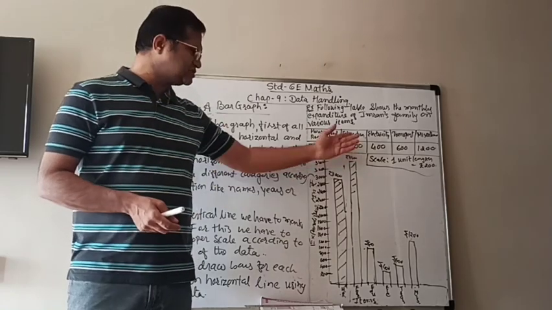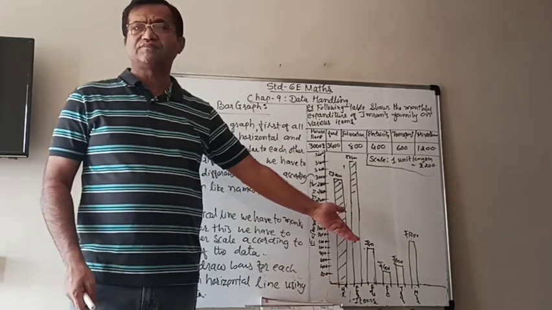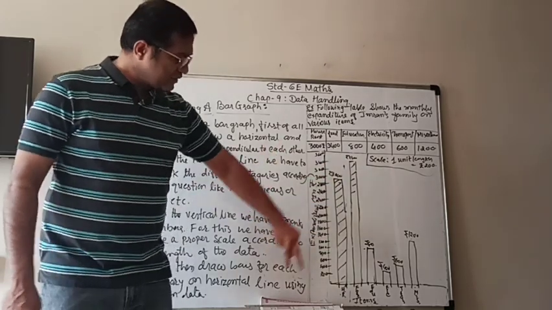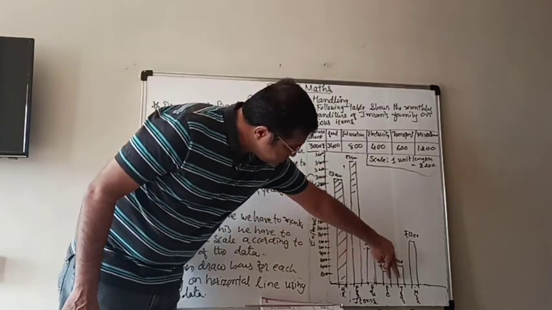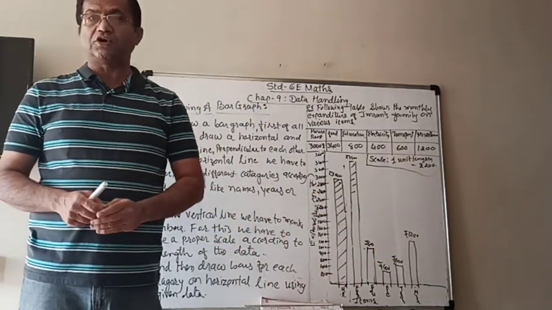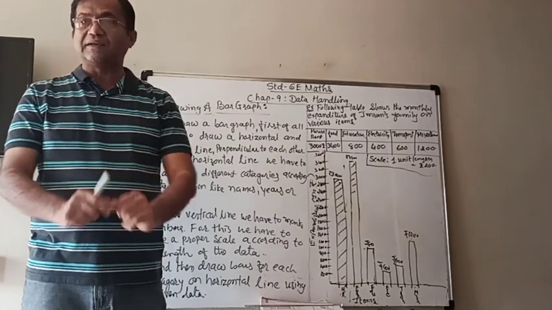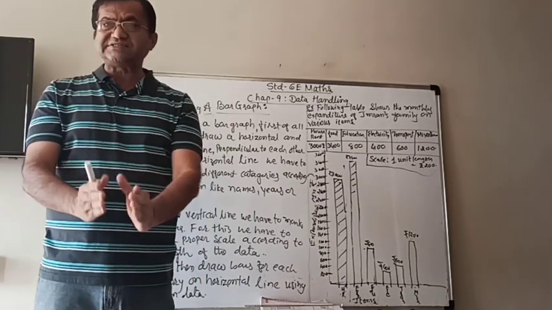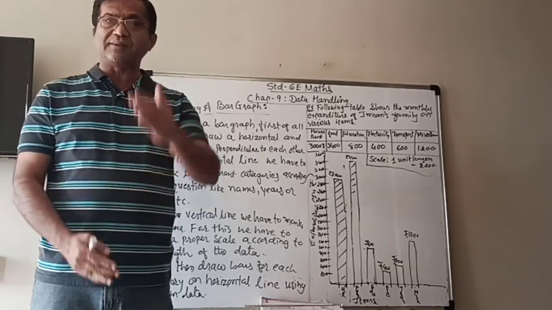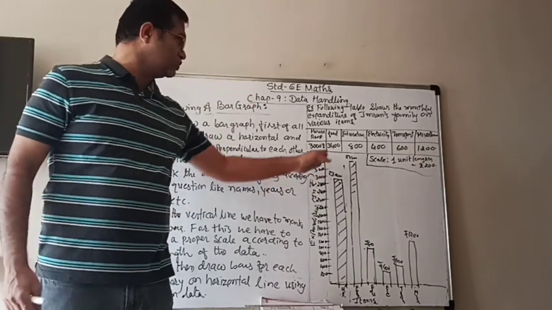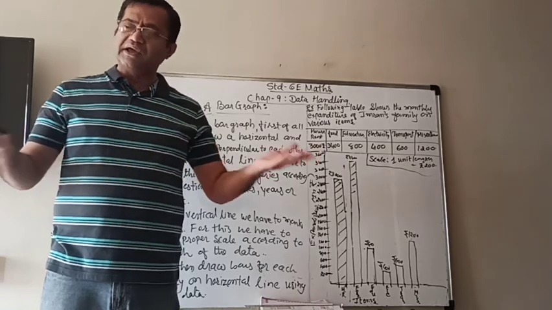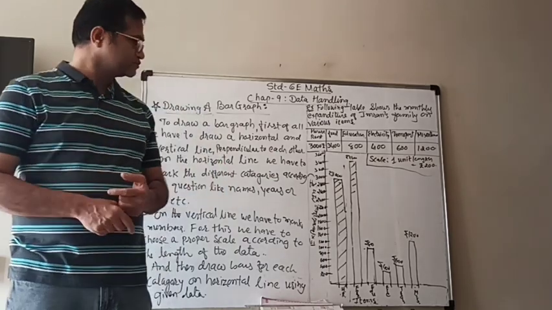After that it is just drawing the bars according to the given data. But make sure that you keep the same space between all the bars and the same width also. Not one fat and one thin. Exactly the same width and the same distance; the only difference will be the length of the bars according to the figures in the data. And then it is easier.